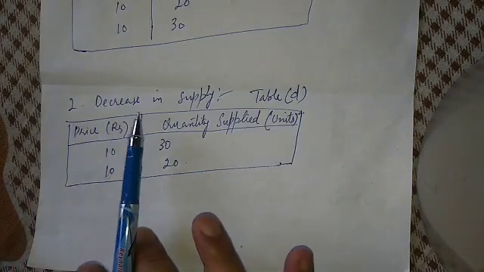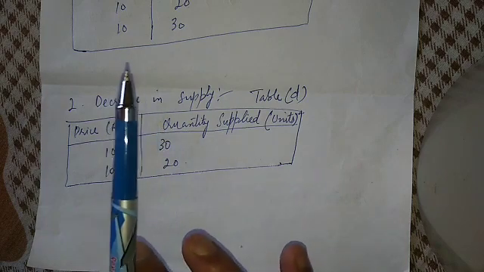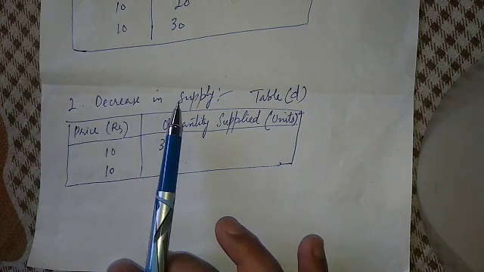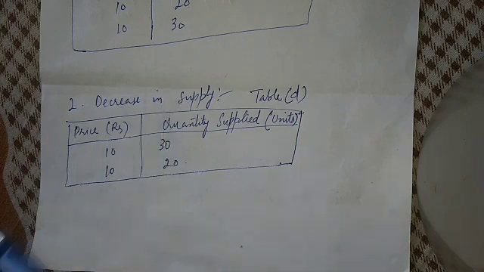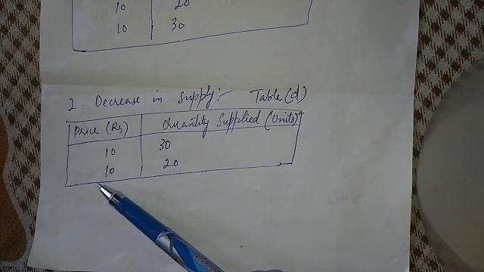Now, decrease in supply. You see, decrease in supply occurs when less is supplied at the existing price.